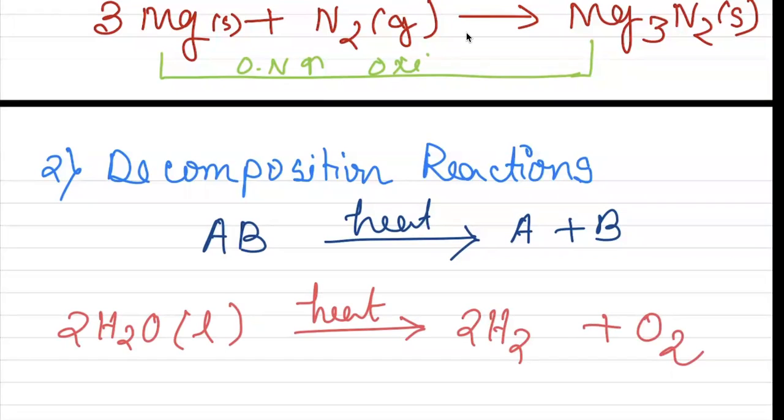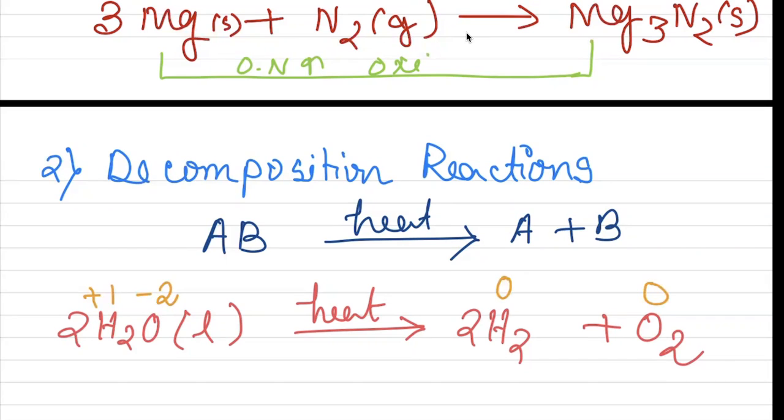Now here hydrogen will be in +1 oxidation state. Oxygen will be in -2, right? Here hydrogen will be in 0 oxidation state because it is in element form. Oxygen is also in 0 oxidation state.